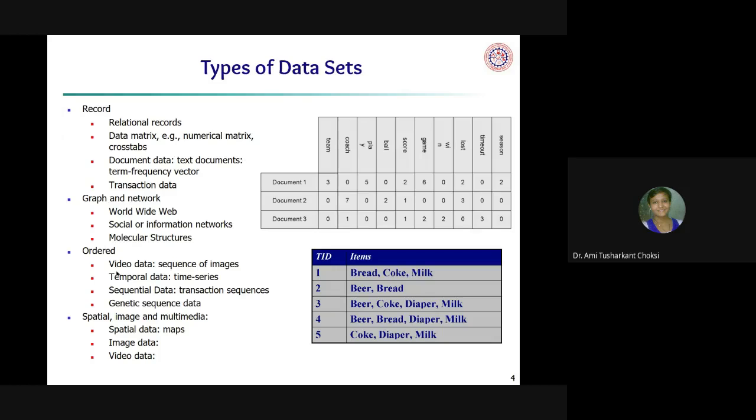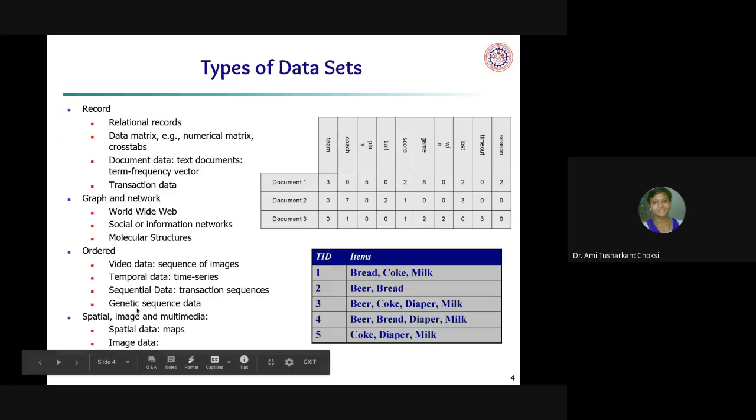Ordered data sets, what does that mean? Video data, that means a sequence of images. Temporal data, that means time series. Sequential data, that means transaction sequences. Genetic sequence data, right? Next is spatial.